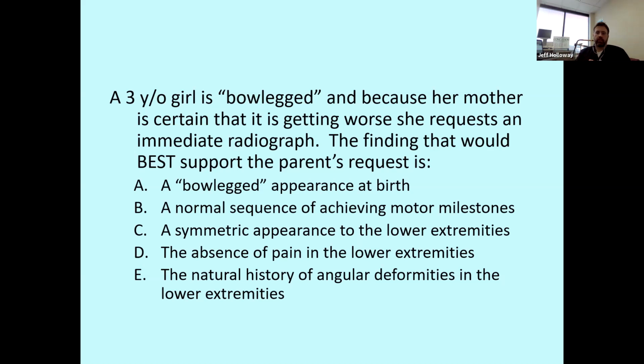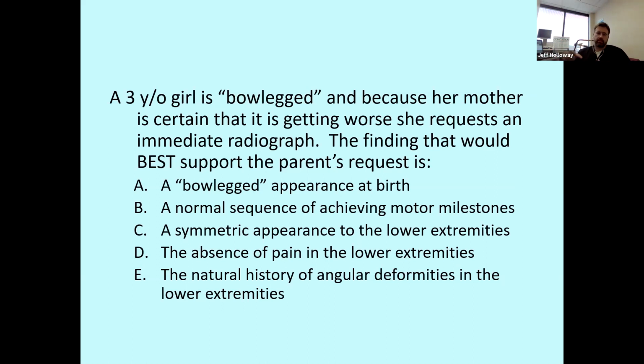A normal sequence of achieving motor milestones. So that's where, again, thinking through what is the normal sequence, right? A symmetric appearance to the lower extremities. Well, no, that's where asymmetry would be what concerned you, right? Like where one is bow leg, like we talked about with that other one, where you ask why is it one and not the other, versus the natural progression. An absence of pain.